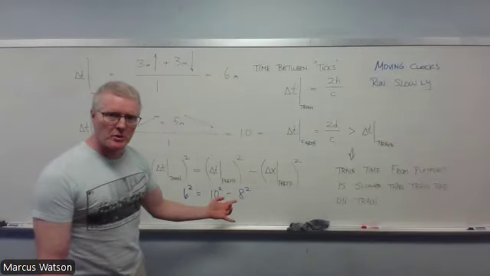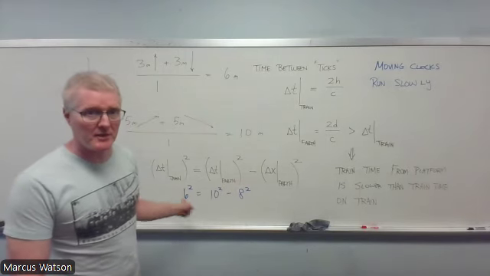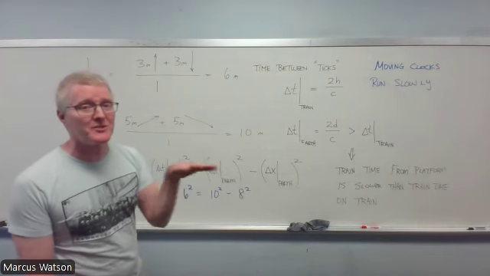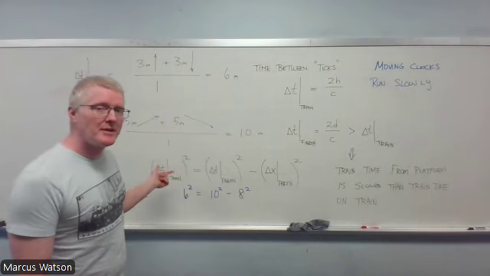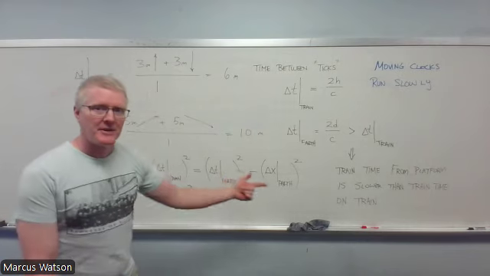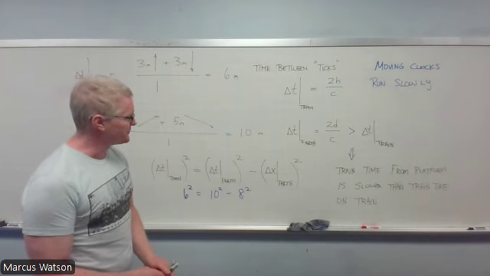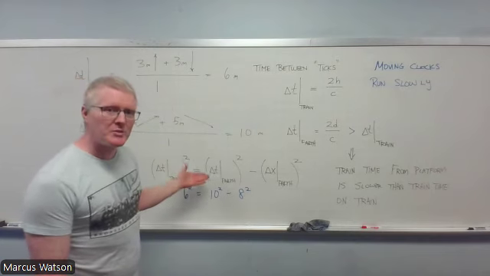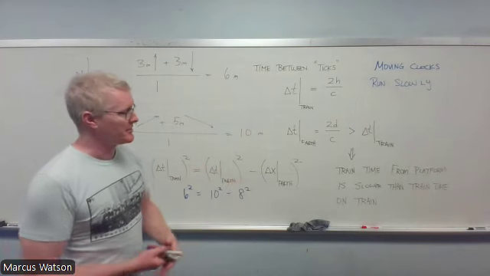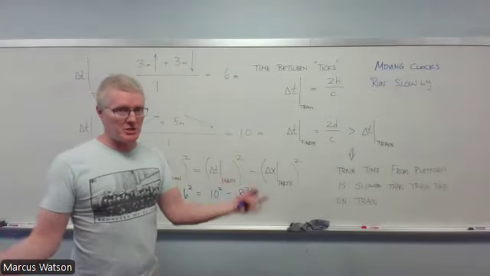And indeed, this should work out because this is 100, that's 64, and 6 squared is 36. So it mathematically works out, but this also gives us insight into how we deal with times and distances like this, okay? What we do is we take the difference in the squares of the times and the distances. So this is just an example, and I'm going to take this one example and make it a general thing.